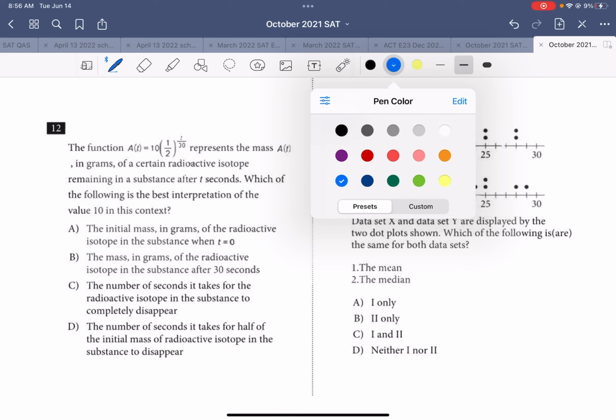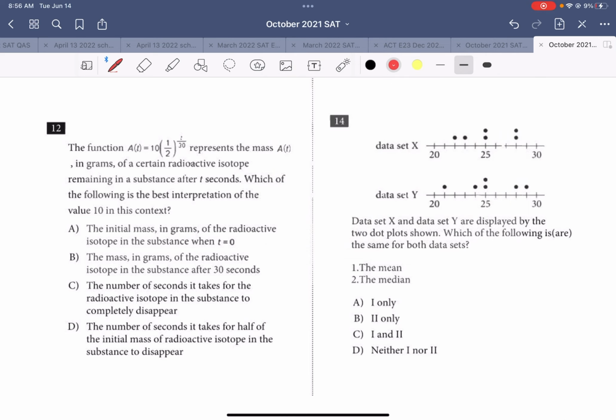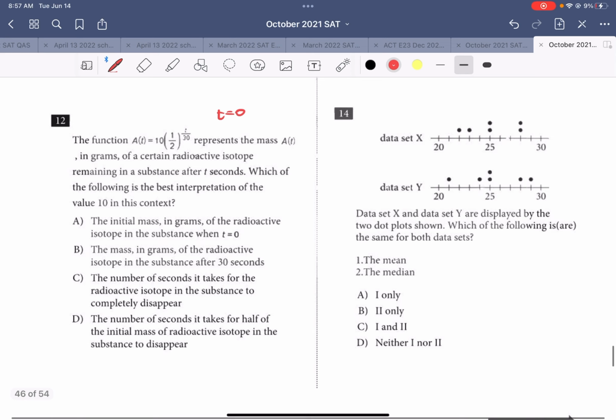Now, next, number 12. The function a of t equals 10 times 1/2 to the power of t over 30 represents the mass a of t in grams of a certain radioactive isotope remaining of a substance after t seconds. Which of the following is the best interpretation of the value 10 in the context? You can see when t equals 0, which means a of 0.